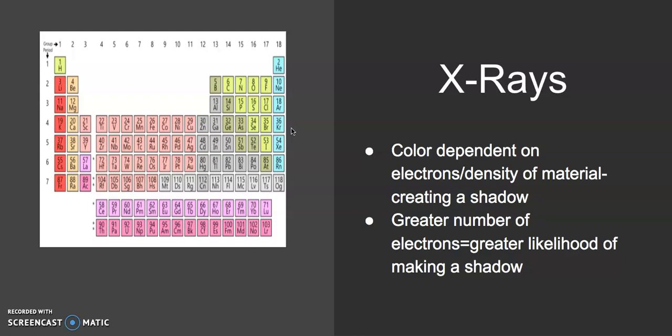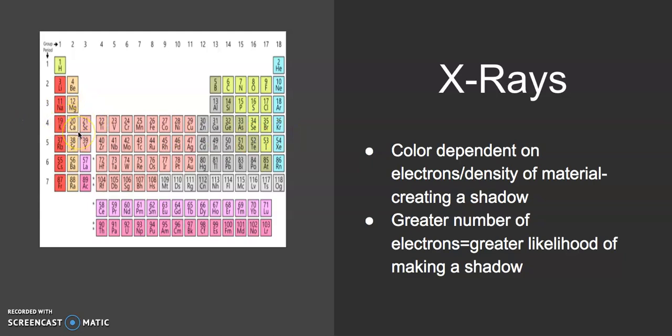Similarly, the more electrons there are in a particular atom, the more likely a wave is to hit something. And so this is why when we talk about X-rays, we normally think about really dense materials and materials that have a high number of electrons. So specifically, we think a lot about calcium.